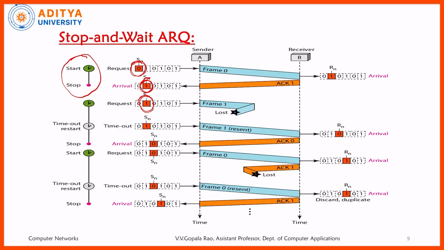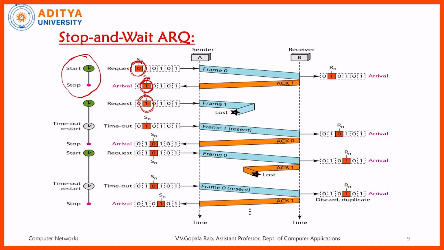Let us imagine that the frame is expected to reach the destination in 1 minute, and the acknowledgement from the receiver to the sender is also expected in 1 minute. Then for traveling in the forward direction you require 1 minute, and for getting back the acknowledgement you require 1 more minute. So the round trip time is 2 minutes in total, and the clock is set for 2 minutes.